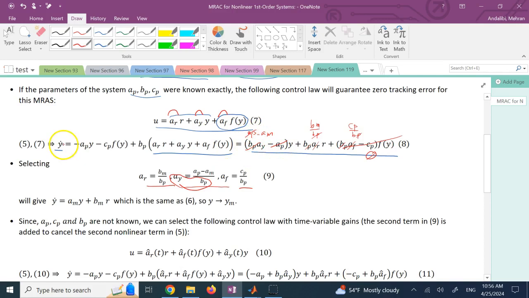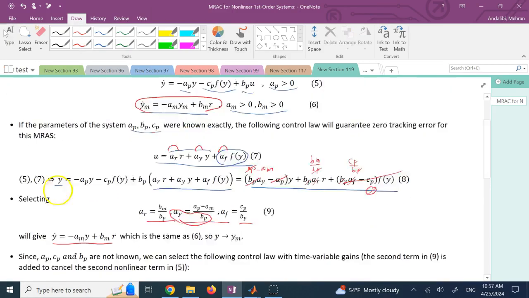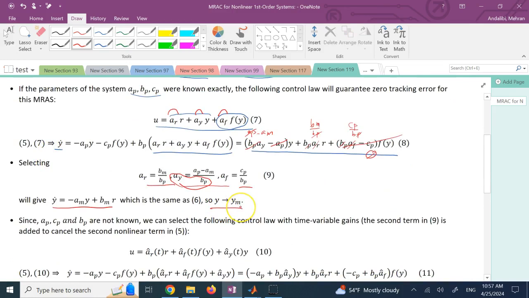So your control system equation becomes this. y dot equals negative am y plus bm r, which is the same as 6, the original model equation, and that means your y should go to ym. Okay, so if the parameters of the system were known, choosing control signal 7 and picking its parameters as 9 would guarantee convergence of the error.